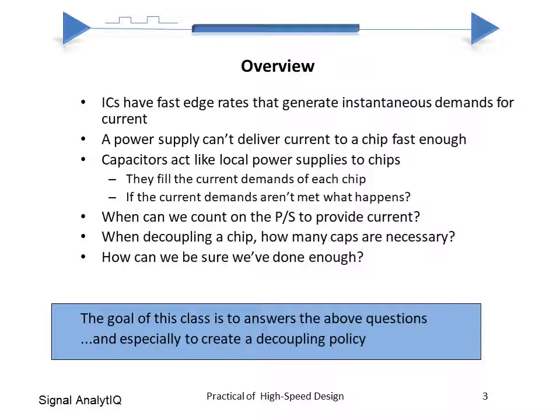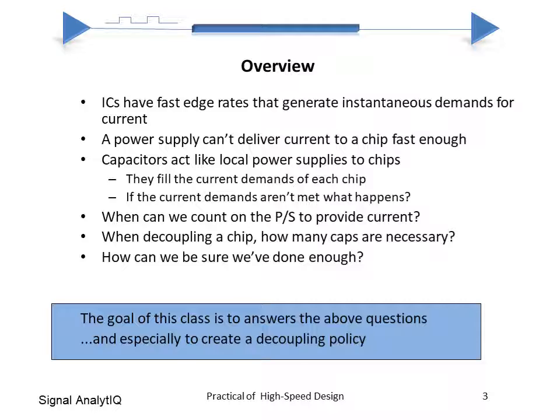Suppose these current demands aren't met, then what will happen? Well, this will lead to the chip not operating properly and cause signal degradation, so the chip would not function as expected.